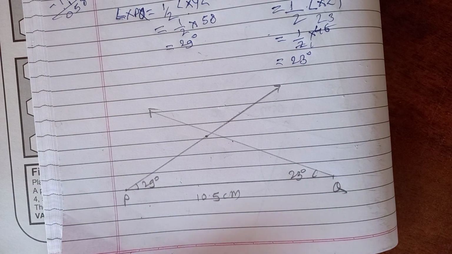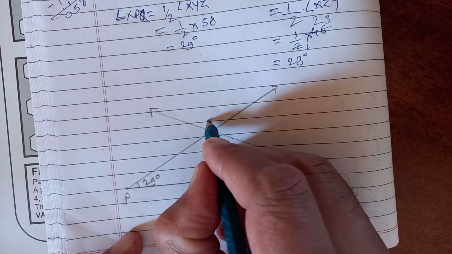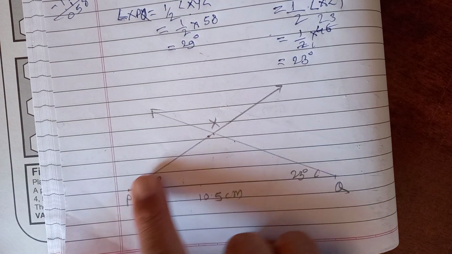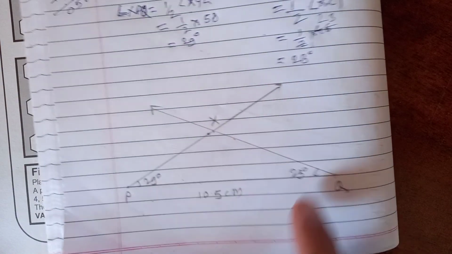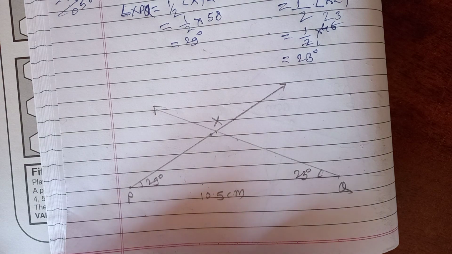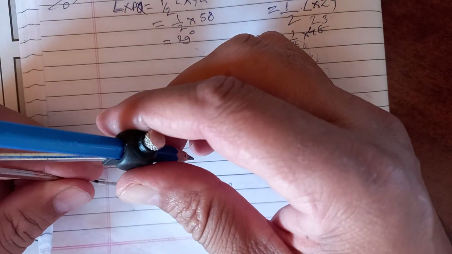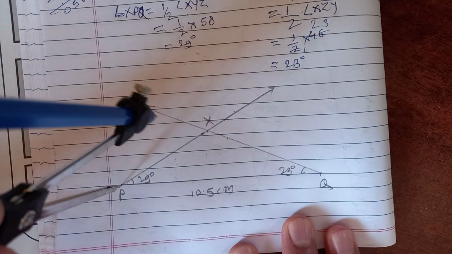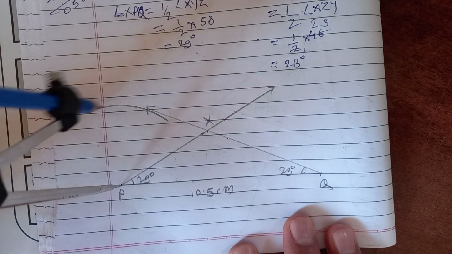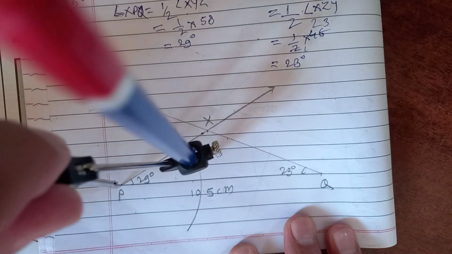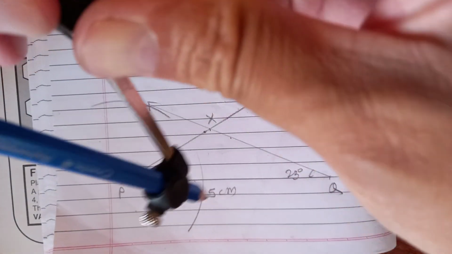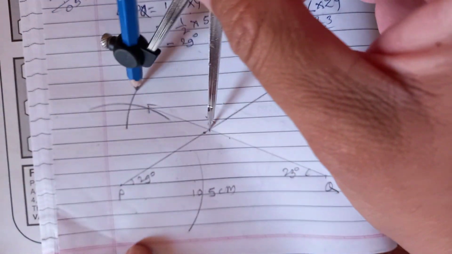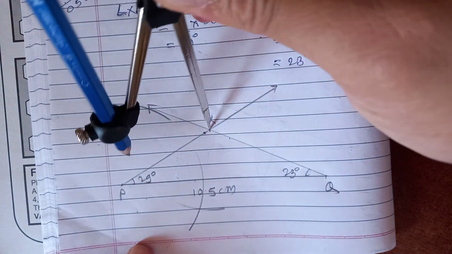Now what we have to do? Which point did we find here? We found the X point, one point of that triangle. Now you have to draw the perpendicular bisector of XP and XQ. You know how to draw a perpendicular bisector, you have already studied that. So take a compass. Take more than half distance like this. Draw one arc this side, one arc downside. Then from the point X, taking the same distance, draw another arcs intersecting the first two arcs.